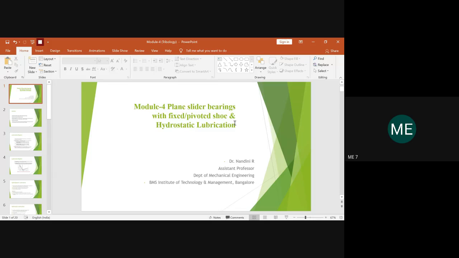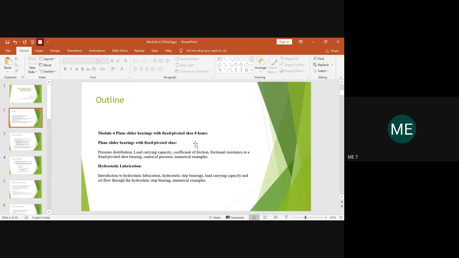Before going on, I just wanted to show module 4. It consists of two parts. Currently we are focusing on hydrostatic bearing. In this, you have all the introduction associated with hydrostatic lubrication. Then we go ahead with what a hydrostatic step bearing is and how its working principle is associated.